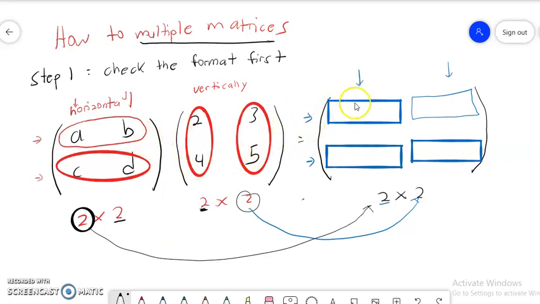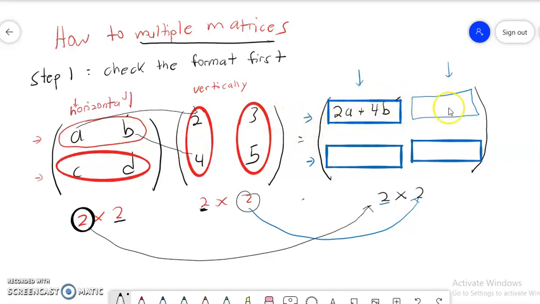Now look at the first box, which is this. We take the first horizontal, A and B, and we multiply it with this vertical. So it's 2 multiply with A, so you have 2A, plus 4B.